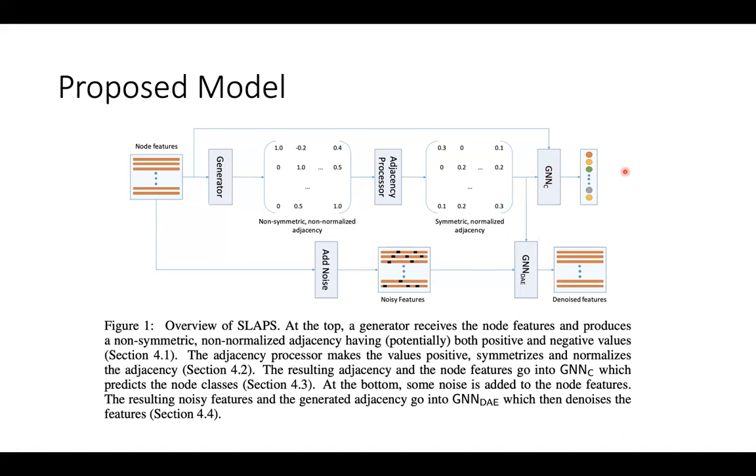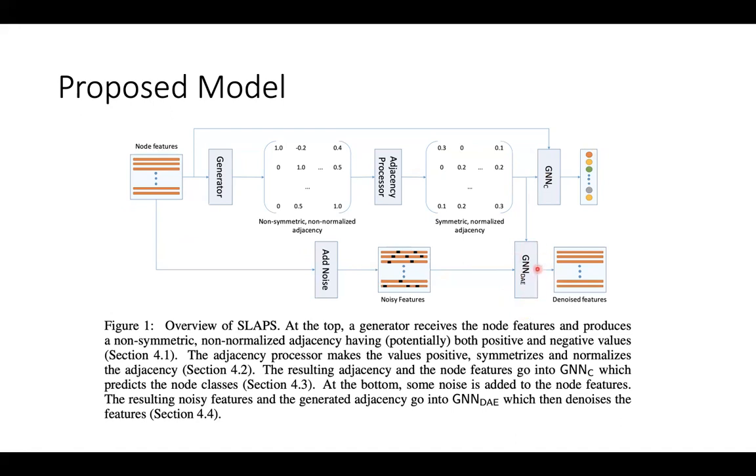The second branch is where we want to add a self-supervised task, because currently the labels we have are only for node classification. It may not be enough for learning both the generator and also the GNN for classification. So it first adds some noise to the original node features, and they have a second GNN.